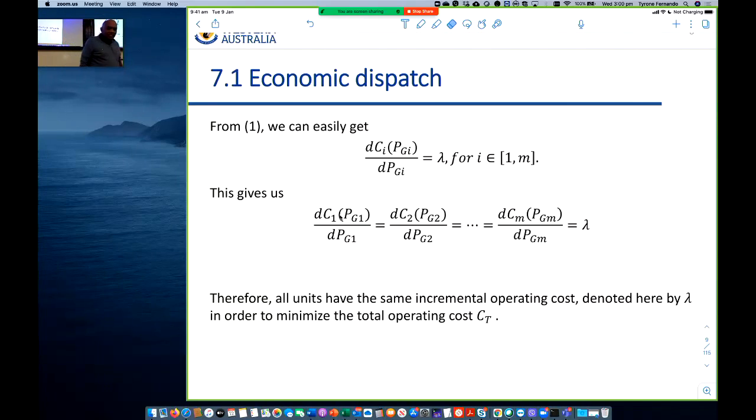All right, it's 3 o'clock, so we can start. We've talked about economic dispatch in the last lecture. We've got through a fair amount of the chapter, this section in the last lecture. We have a little bit more to go with regard to economic dispatch. So economic dispatch is about, well, we have a number of generators that can generate electricity, right?